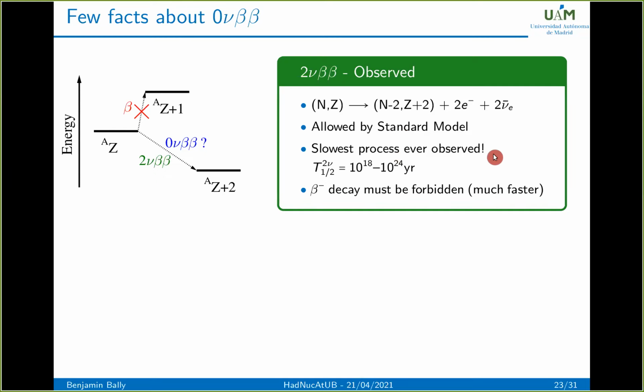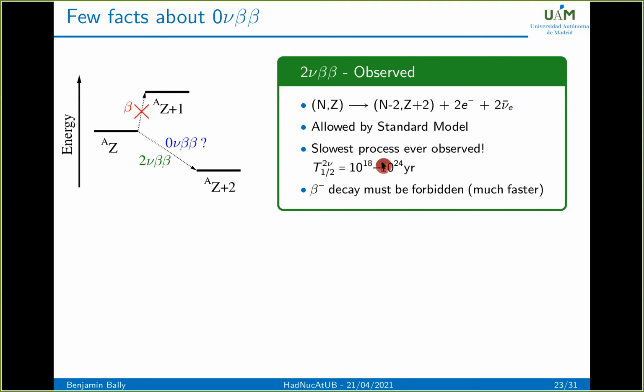And that is very interesting. It is the slowest process that was ever observed by man. If you want to advertise why nuclear physics is important, you can use this kind of very rare process to say, look, we can do things that are interesting.